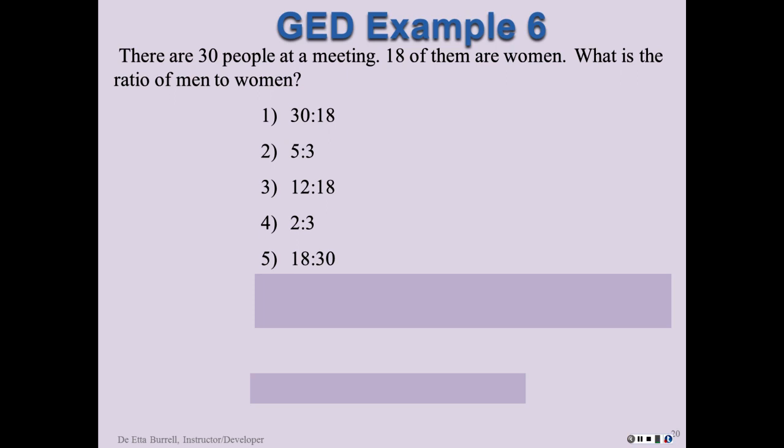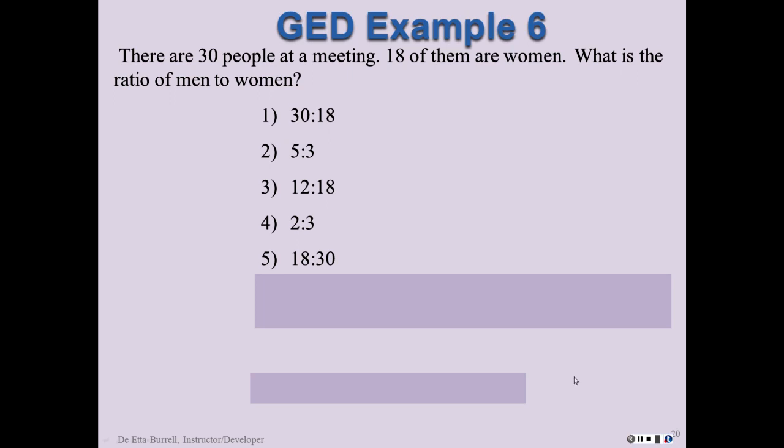And I have somebody that said number 4. Actually, I have 2 people who said number 4. What else? Any other ones? How many men are there? 12. How many women? And if I have 12 to 18 and reduce it, what would I get? 2 to 3.